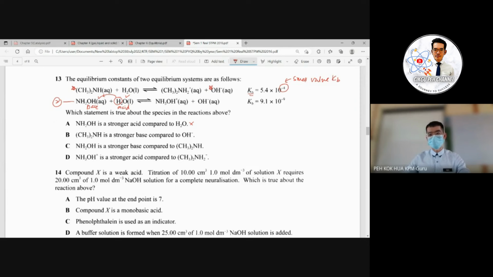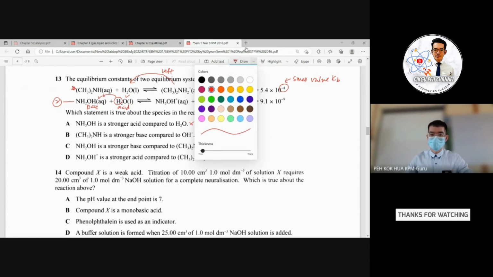With a small value of Kb, the equilibrium will shift to the left, because the product is less compared to the reactants. So the OH minus is stronger compared to the (CH3)2NH. So this statement is also wrong. And then for the C, the question asks us to compare.